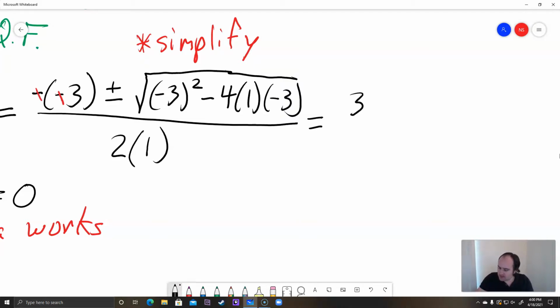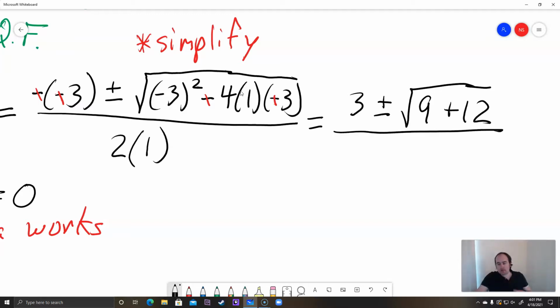Okay, so we got positive 3 plus minus the square root of, well, negative 3 quantity squared is going to be negative 3 times negative 3, which is positive 9. And then we have minus 4 times negative 3 is going to give us positive 12. So under the square root, we have 9 plus 12. And then in the denominator, 2 times 1 is just 2.